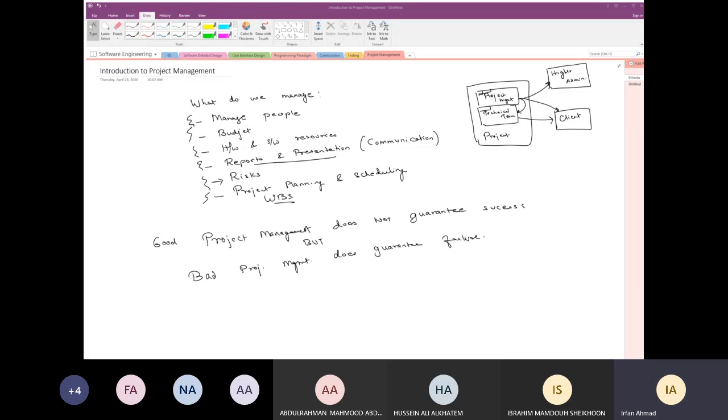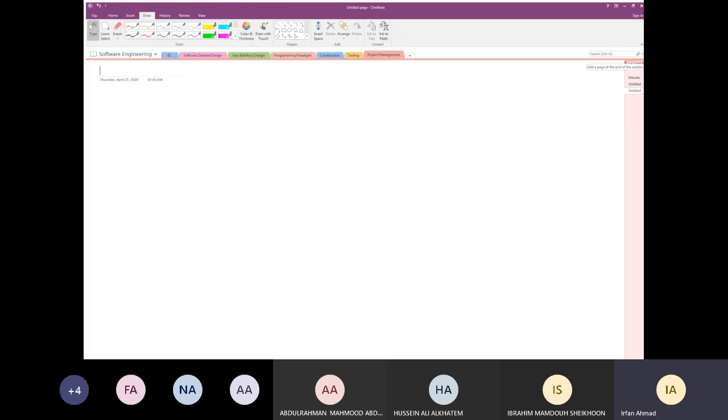Now let's move forward to another very important thing we do: project scheduling. This is one important aspect of project management. What does project scheduling mean?